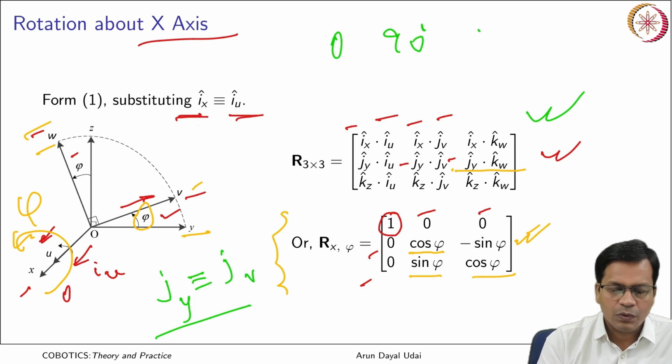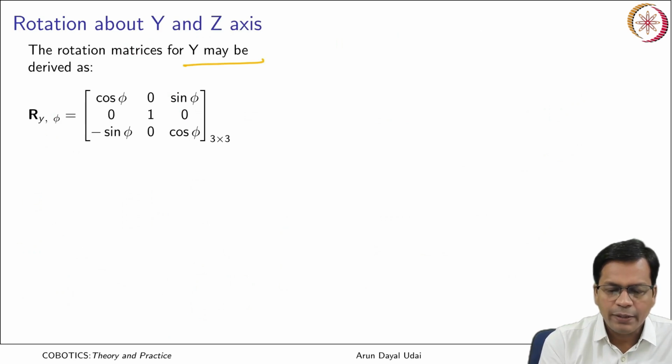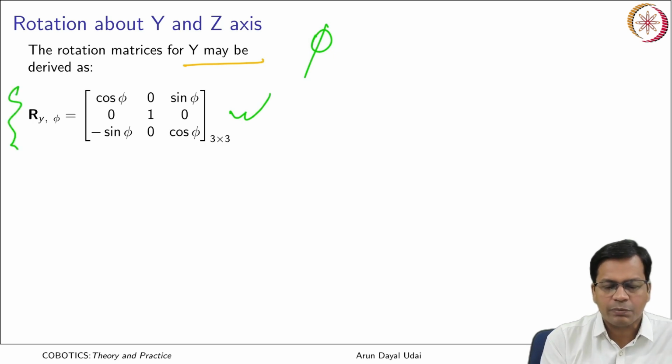Over here it is phi, and that can now be seen as this. So this becomes my new rotation matrix, which when applied to PUVW gives me a point in the XYZ frame, that is a point rotated by an angle phi about the axis y.